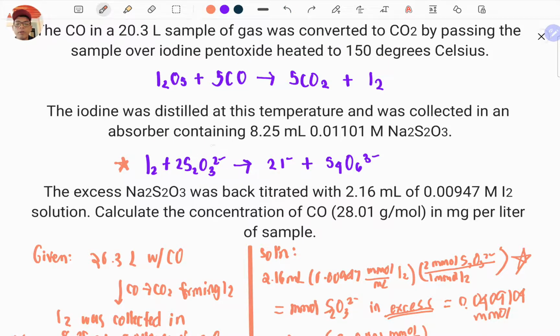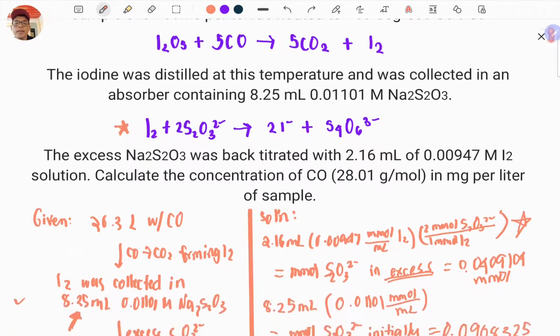Again, we already have the millimoles of thiosulfate that reacted with iodine. So we can use stoichiometry to calculate for the millimoles of iodine. And from the millimoles of iodine, we can convert back into the millimoles of carbon monoxide, which is our analyte.